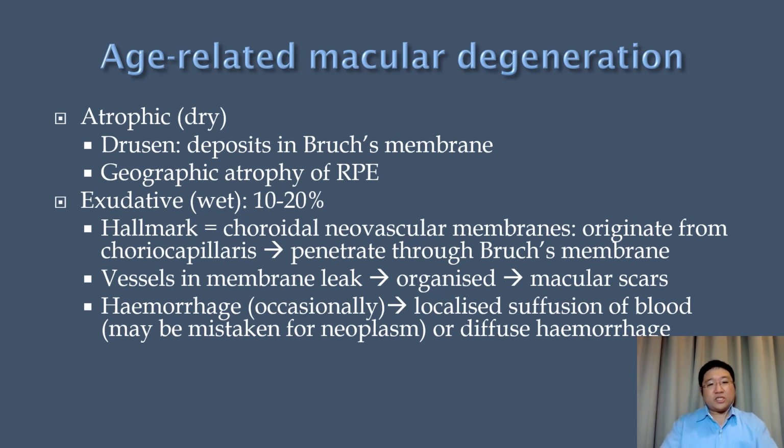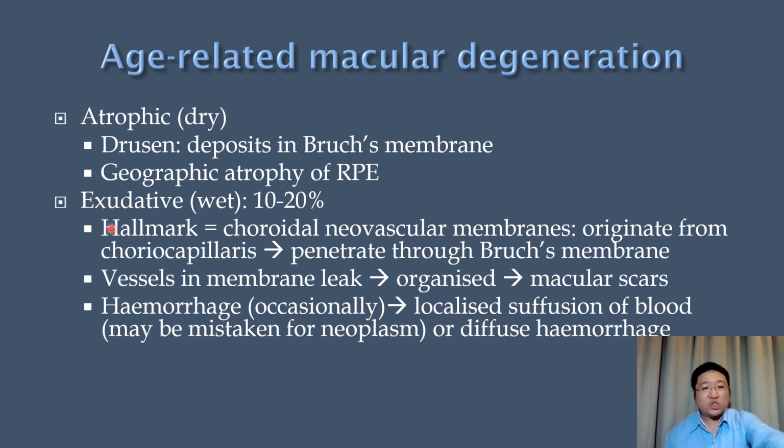So this condition is divided into two big stages: dry or atrophic ARMD, age-related macular degeneration, and the wet or exudative stage of age-related macular degeneration. In the dry or atrophic stage, there may be drusen. This is quite characteristic, which is a deposit in Bruch's membrane, and we may observe geographic atrophy of the retinal pigment epithelium.